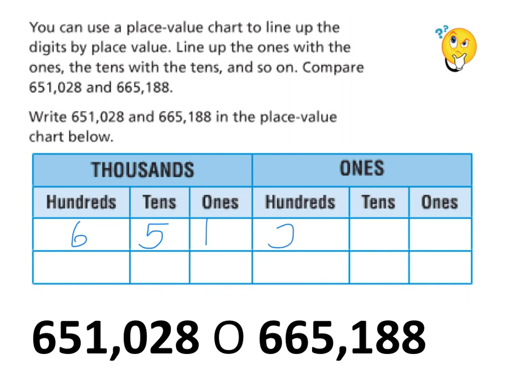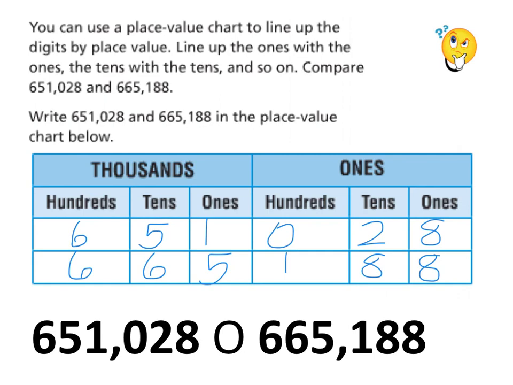I have 0 hundreds in this number, 2 tens, and 8 ones. The next number, I have a 6 for 600,000, a 6 for 60,000, a 5 for 5,000, a 1 for 100, an 8 for 80, and 8 ones.